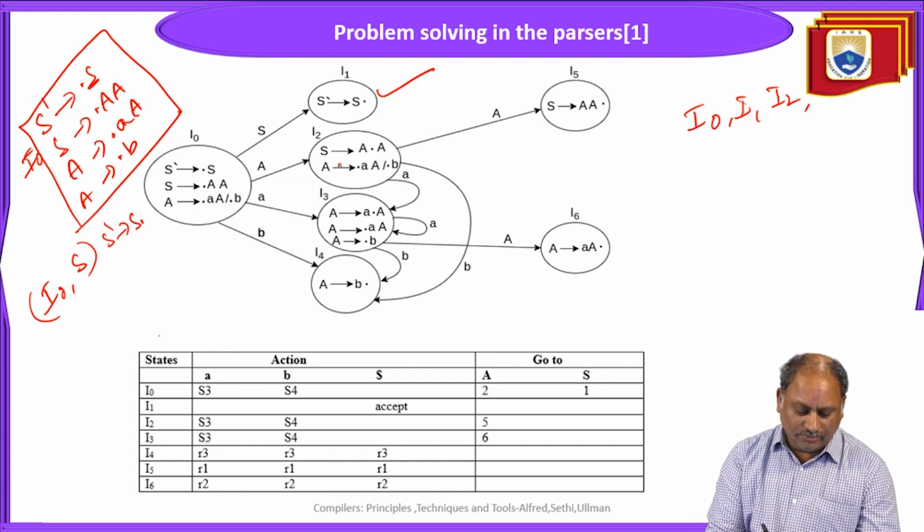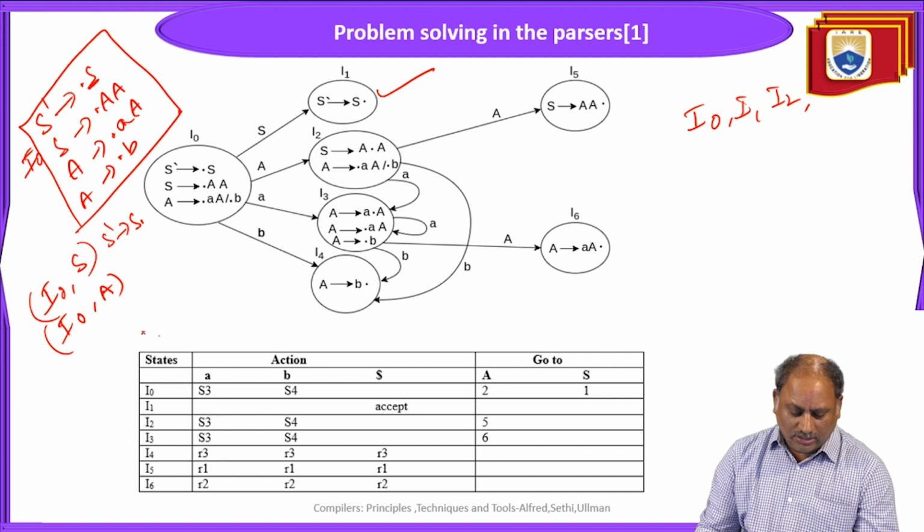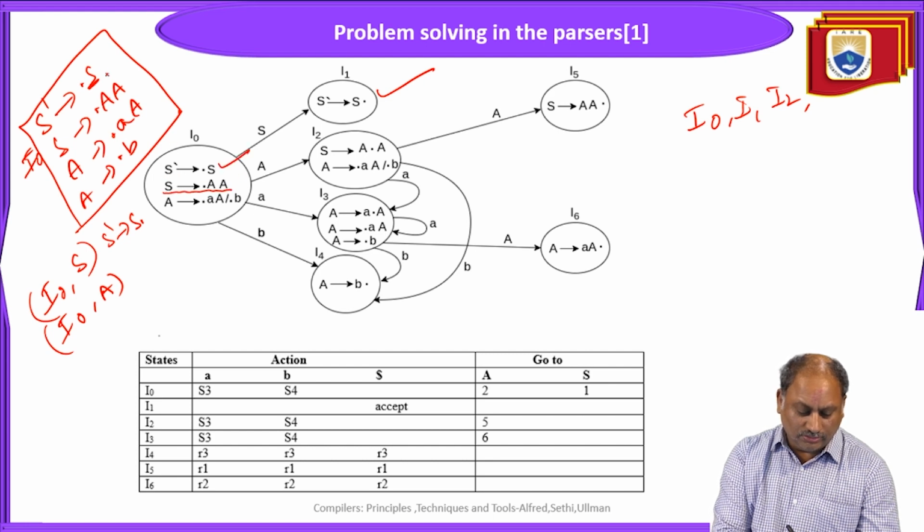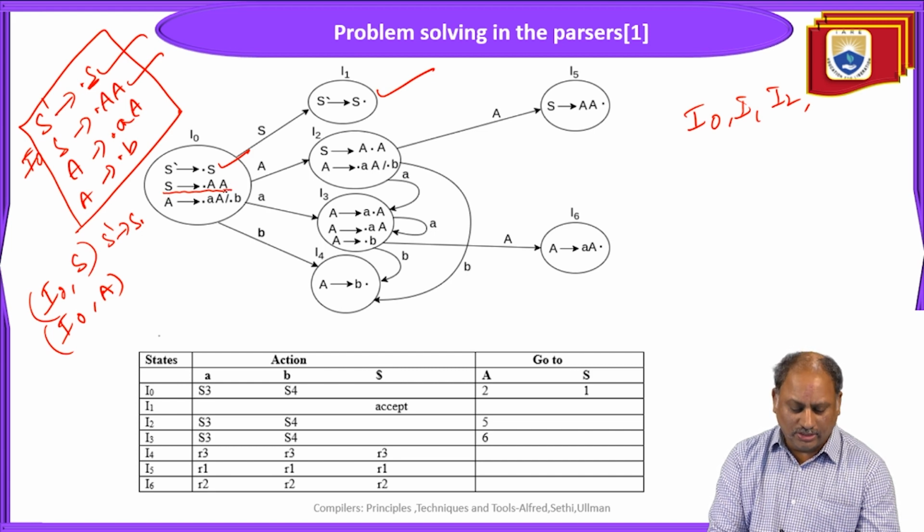But if you take I2, how do we get I0 comma capital A? Here I0 comma capital A means, what are the productions which contain A? This is the production which contains it, so this is already completed. Now the second one we are going to take, that is I0 with capital A. This capital A performs with the dot production, previously dot AA.